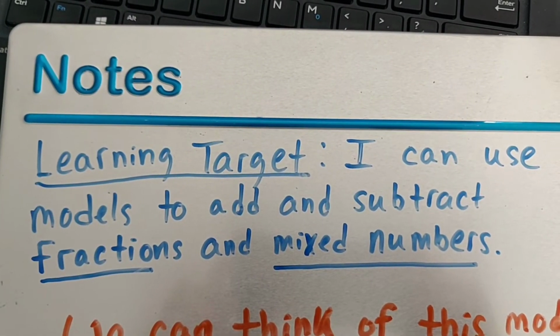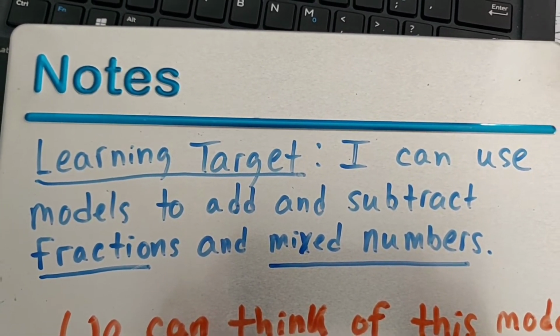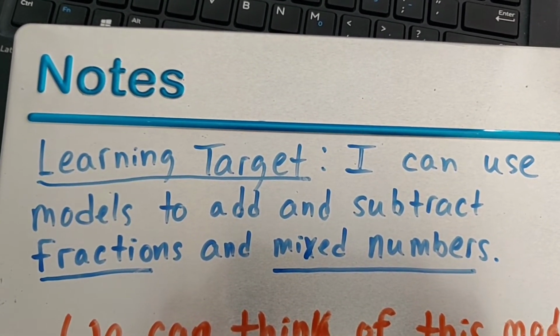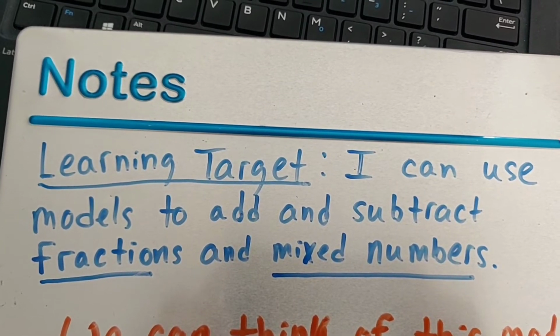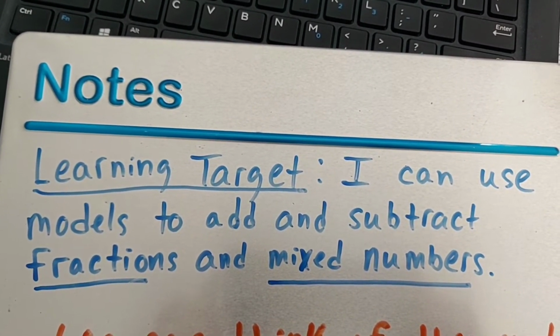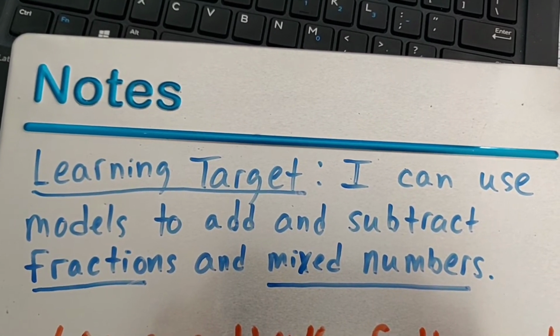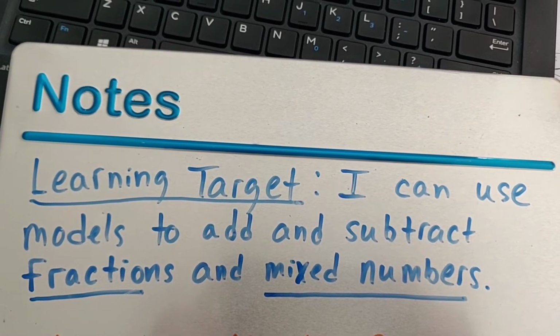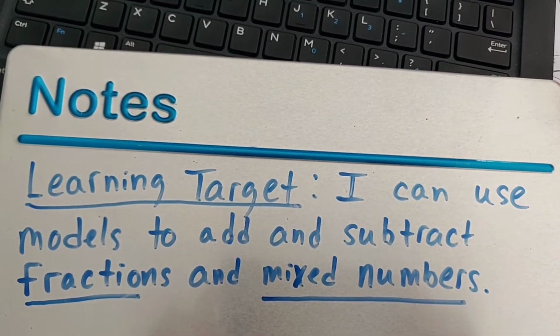So how does this relate to our learning target? Our learning target was I can use models to add and subtract fractions and mixed numbers. Well, we talked a lot about fractions now, and let's look at the connection between improper or top-heavy fractions, like 7/5 that we were just looking at, and mixed numbers.